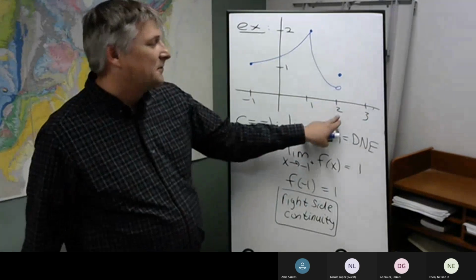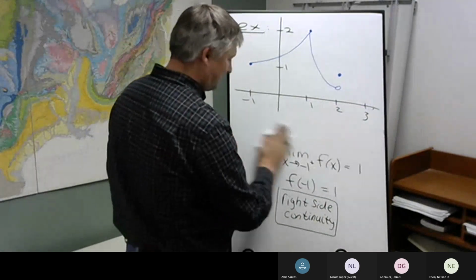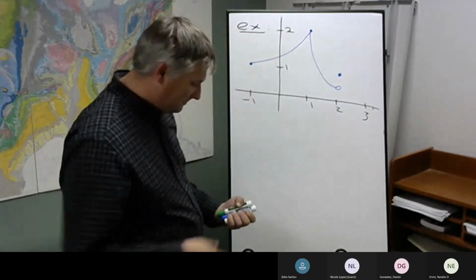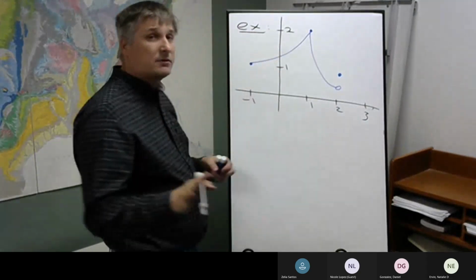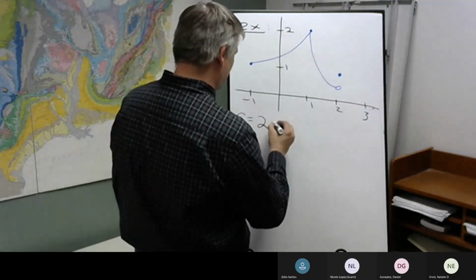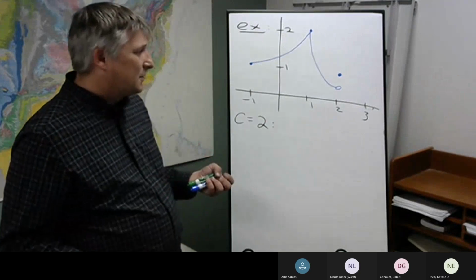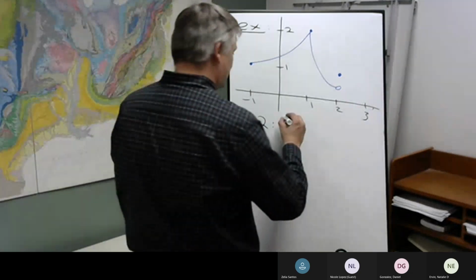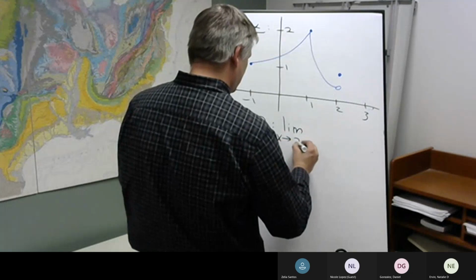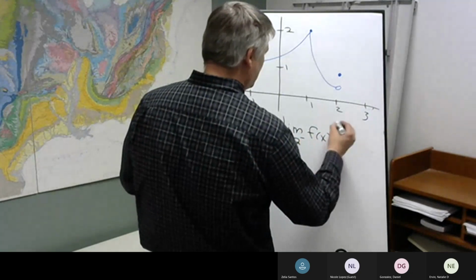Now let's go for c as 2. If I'm going too fast, let me know. Now in this case, the left side limit is about 0.5.